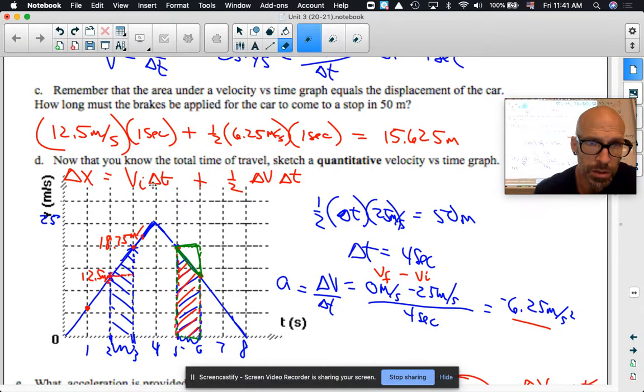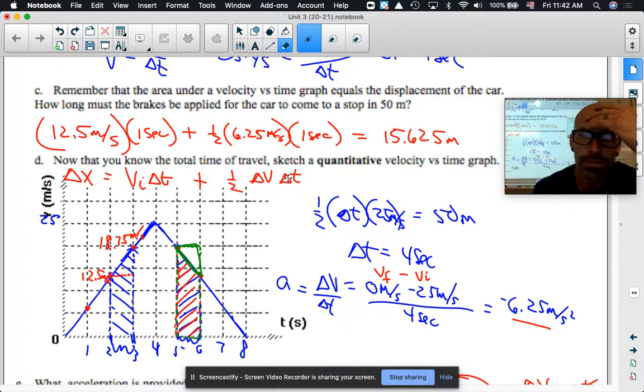Delta T, of course, the 1 second time interval, that's the delta T. Now for the triangle, we have 1/2, of course. This, the 6.25 meters per second, is how much the velocity changed during that second, times the 1 second time interval. So we have a delta V and then we have a delta T. So this works as an equation all the time.